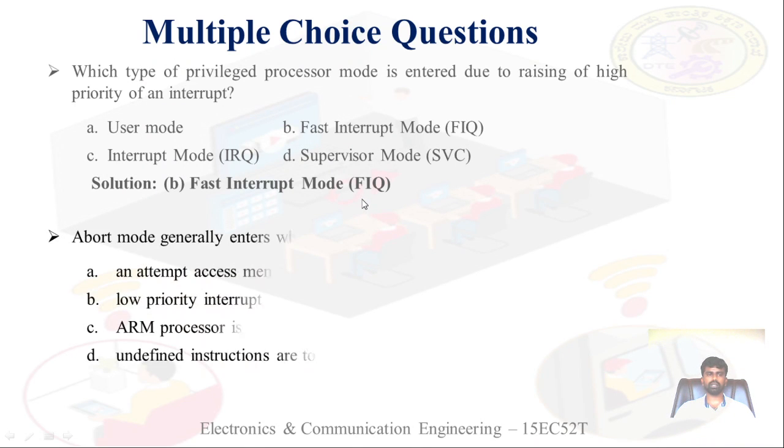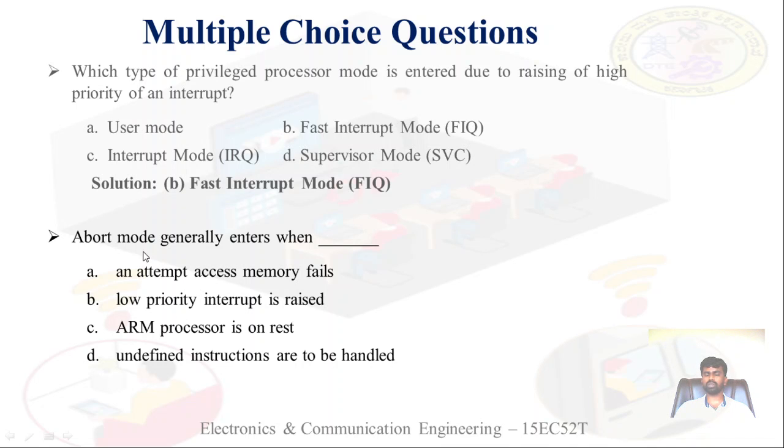Okay, next question. Abort mode generally enters when dash. There are 4 options: an attempt to access memory fails, a low priority interrupt is raised, the ARM processor is on reset, undefined instructions are to be handled. Okay, what is the answer?